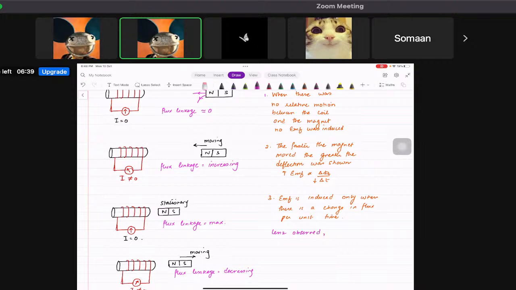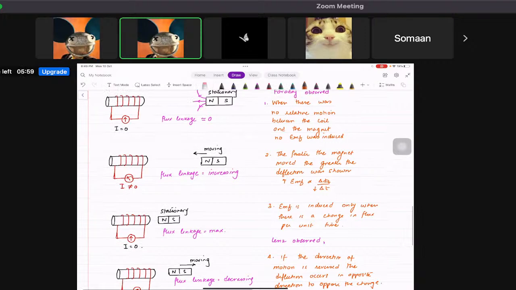Lenz observed that basically if the direction of motion is reversed, the deflection occurs in the opposite direction to oppose the change. Now that's very important. Now let me explain it through an analogy that I've developed.